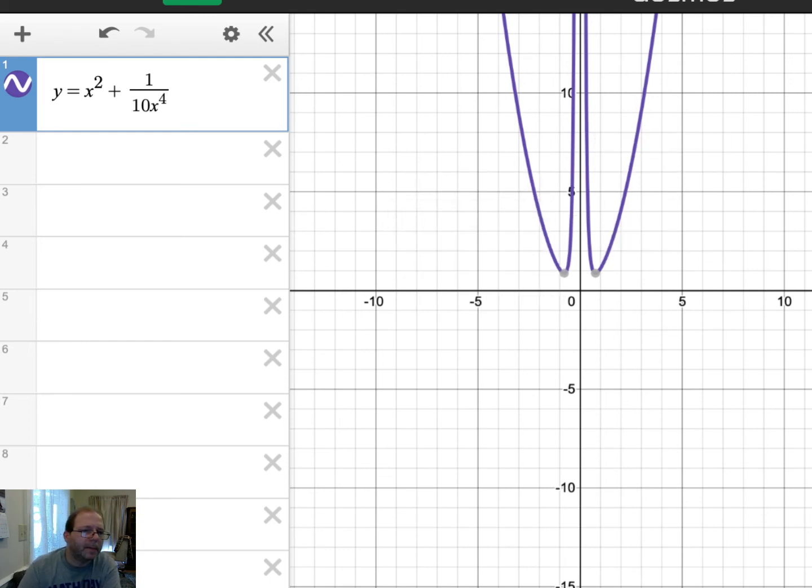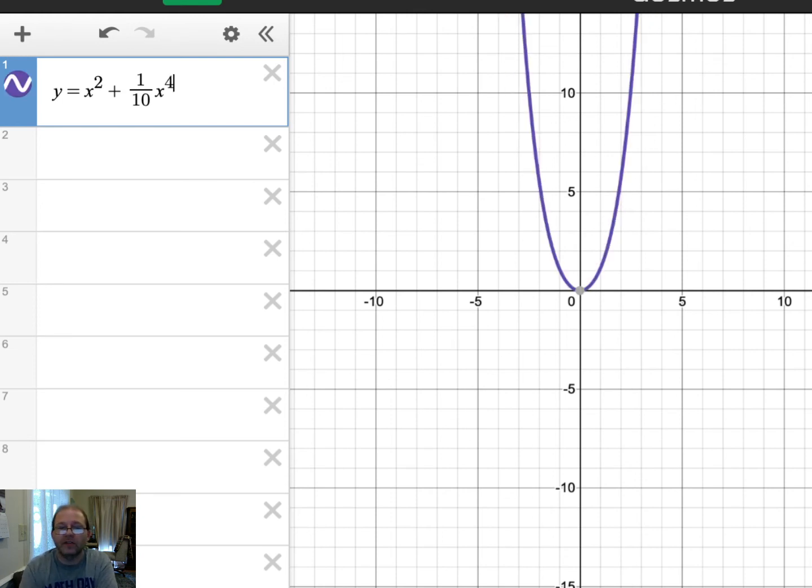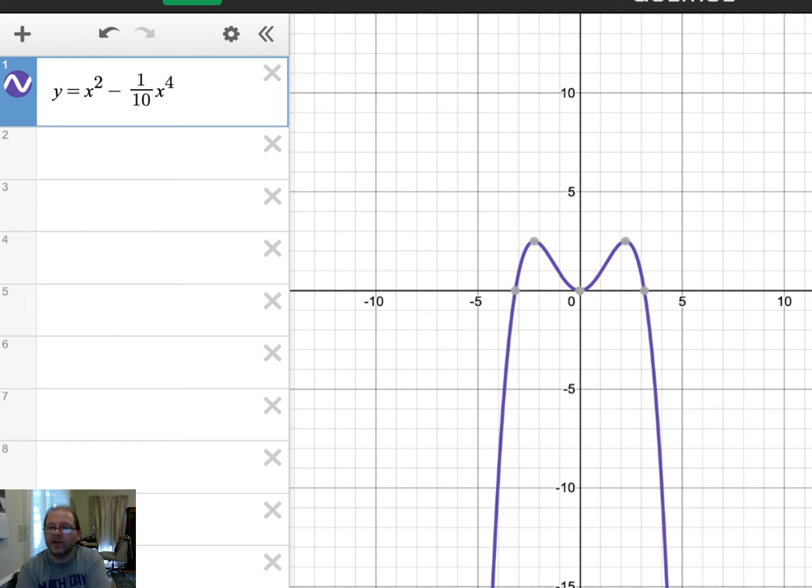Oh wait, that does have y-axis symmetry, but it's not a polynomial. You get this thing. If I turn that around, as long as these up here are even exponents, what we'll get will be an even function, and we'll have y-axis symmetry.